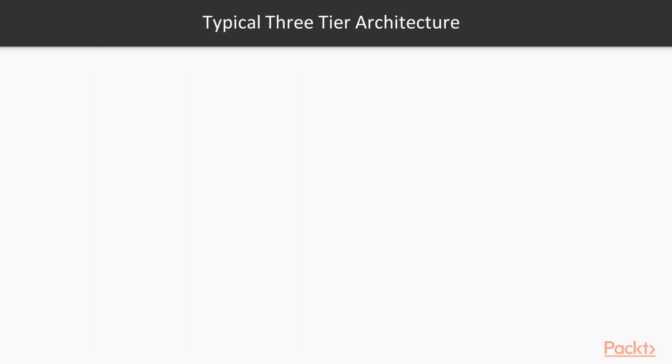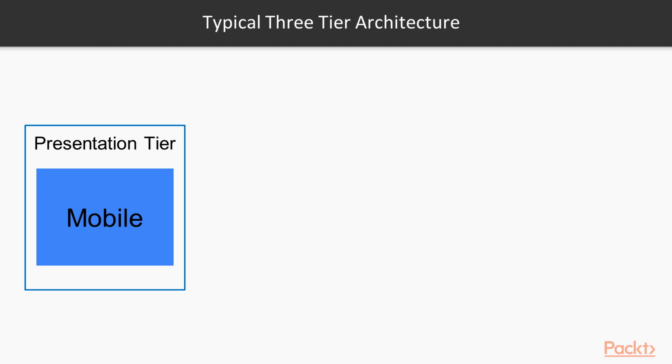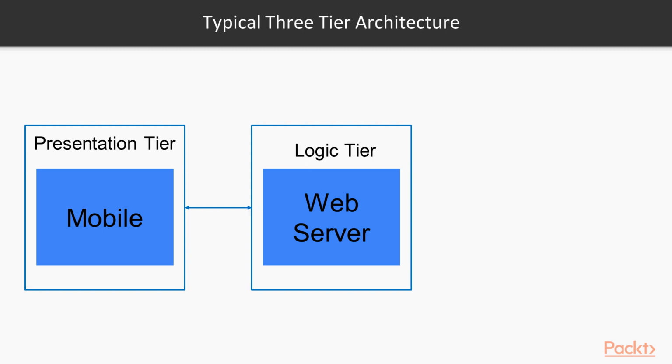A typical three-tier architecture would first have your presentation tier. Let's say you are giving an application which is going to be looked at by users on their mobile devices. You give a user interface to the user. This will be your presentation tier. This will then connect to probably a web server.